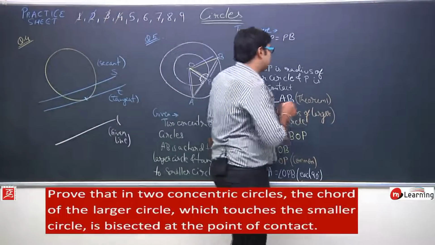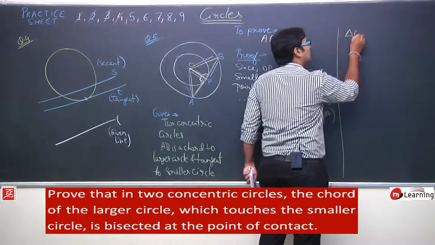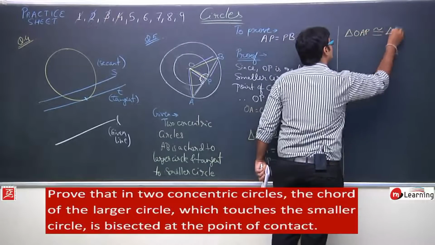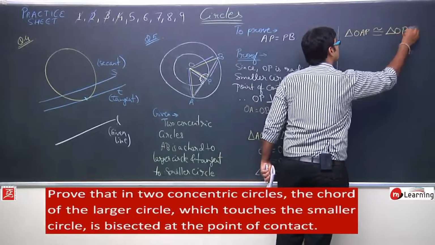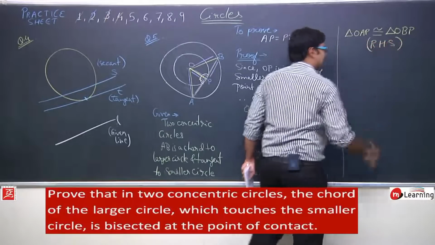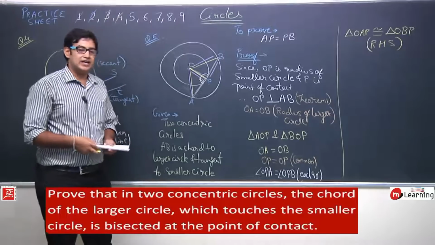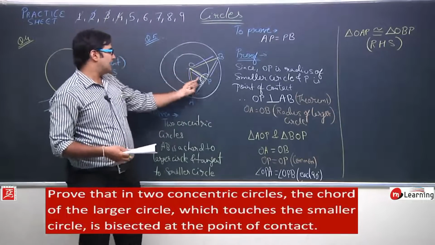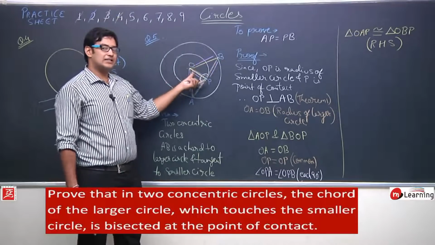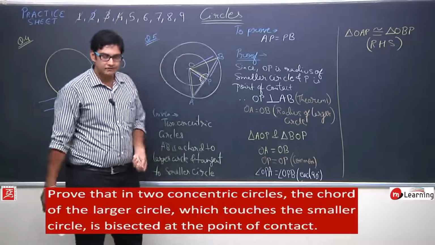So what I can write is, triangle OAP is congruent to triangle OBP. Reason is right angle hypotenuse side. They are congruent because of the criteria RHS. The right angle is equal, hypotenuse OA and OB are equal, and the side is OP. OP is equal to OP. This we have already written.